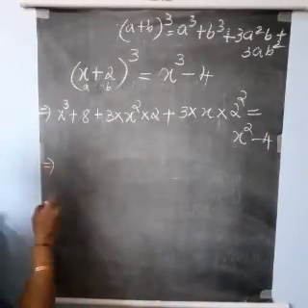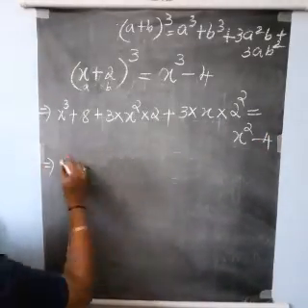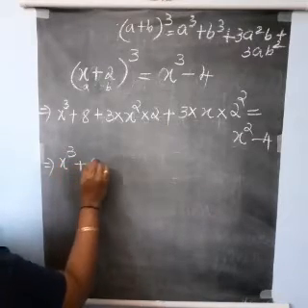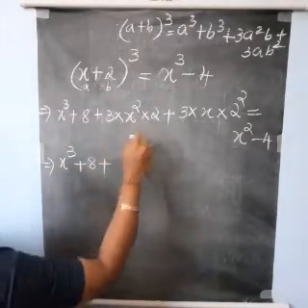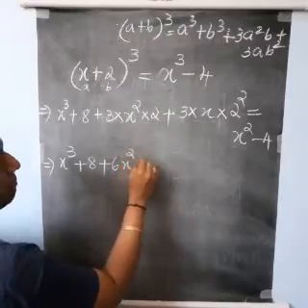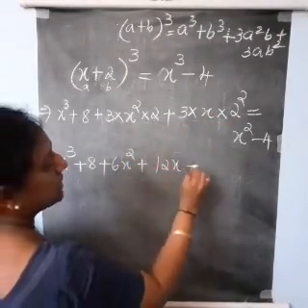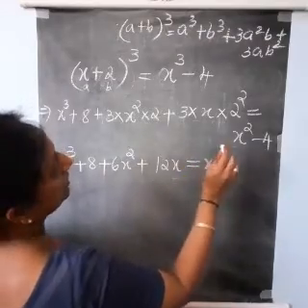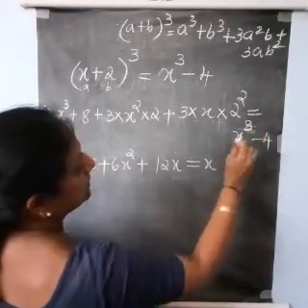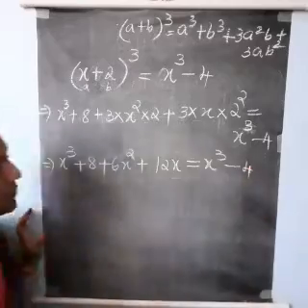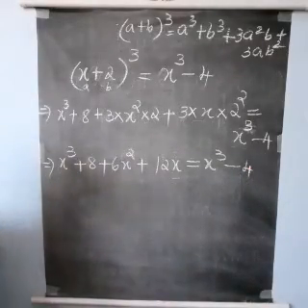When you simplify, what will you get? x cubed plus 8 plus 6x squared plus 3 into 4 is 12x, is equal to x cubed minus 4. So what has happened?